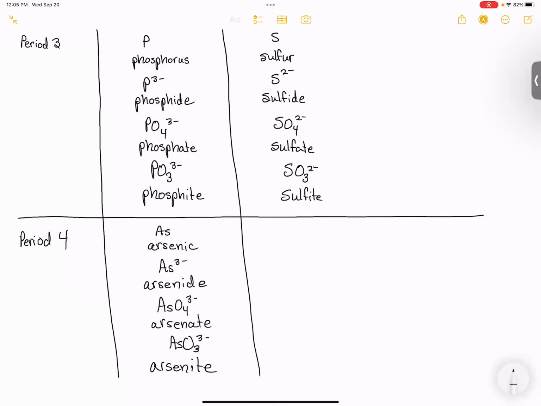Okay, so what I call the ATE, whether it's period 3 or period 4, the ATE has 4 oxygens. This is different than what period 2 was. Period 2 was the oddball. But all of the other periods, besides period 2, if it ends in the ATE, it's going to have 4 oxygens. And I should say ends in ATE and there's no prefix.